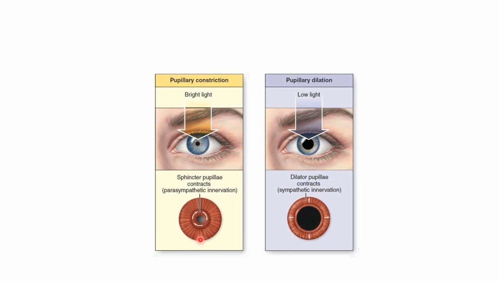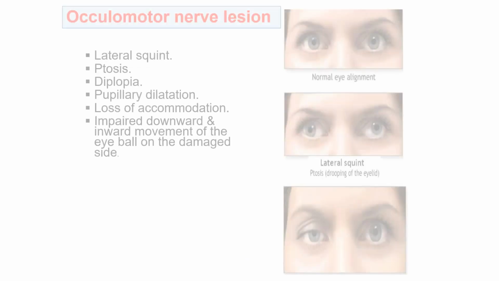We did this in the last lecture also, the pupillary reaction to light. With bright light, the sphincter pupillae contracts, leading to constriction of the pupil, and with dim light the dilator pupillae contracts. This is not parasympathetic; this is sympathetic innervation, which dilates. So the oculomotor is involved in the sphincter pupillae, not the dilator pupillae.